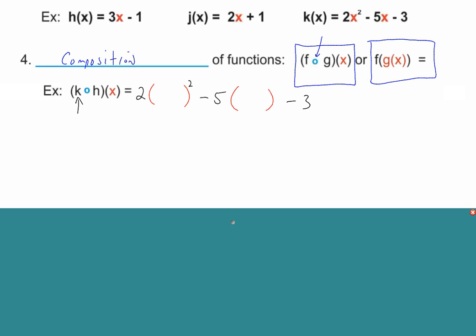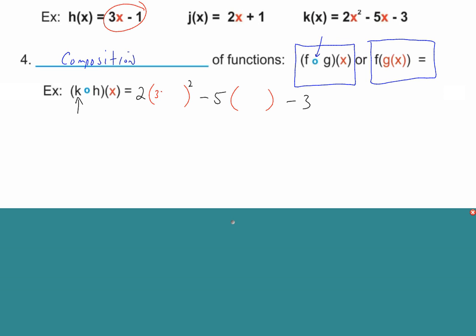Why do I like the second notation? See, the second notation tells me to put the h function in for the variable. And that's exactly what you do for composition. So in this situation, I need to put the h function in for the variable. So here's the h function.